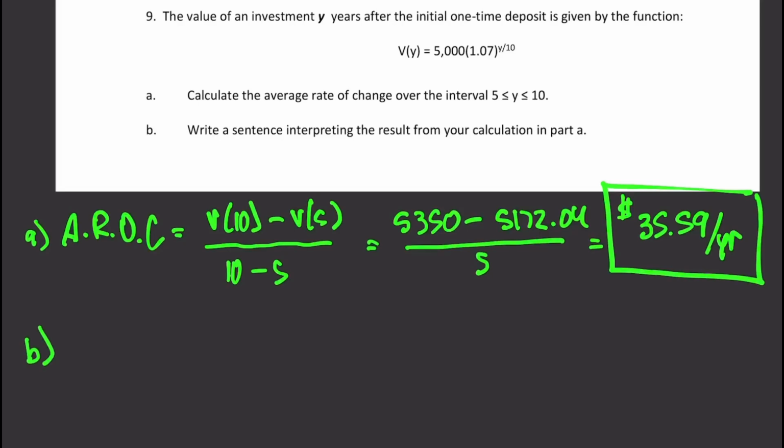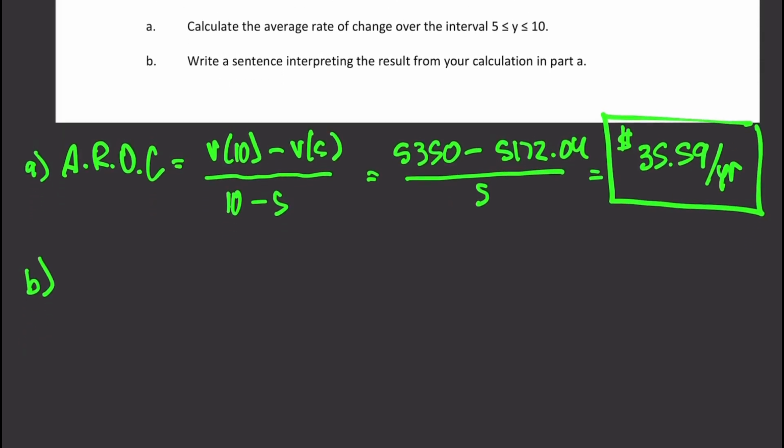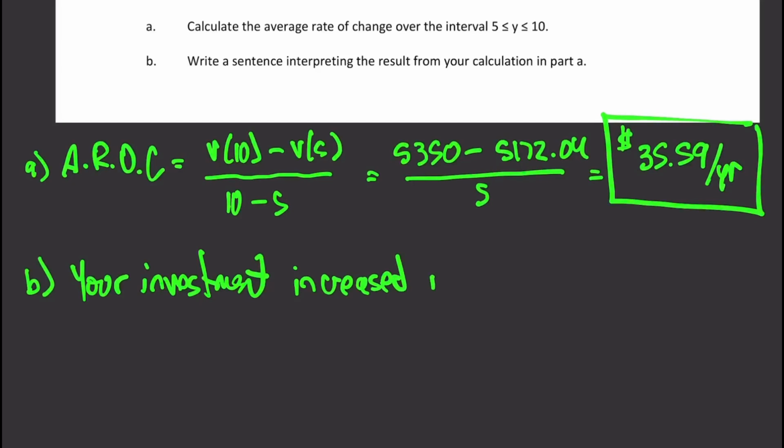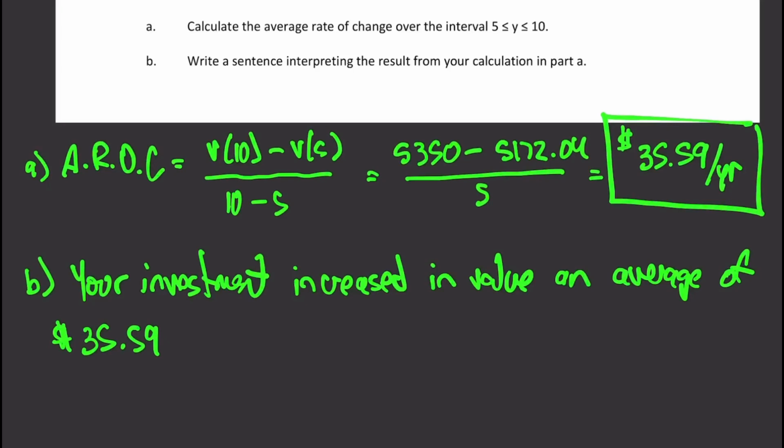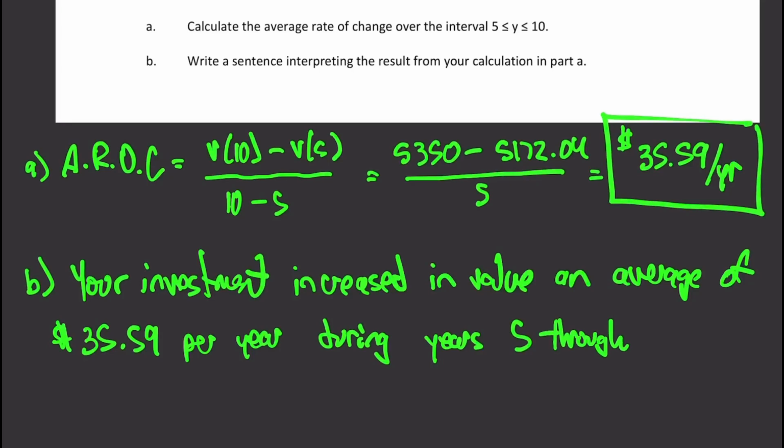And part B, write a sentence interpreting that result. So I'm going to say something like, your investment increased in value an average of $35.59 per year during years 5 through 10.